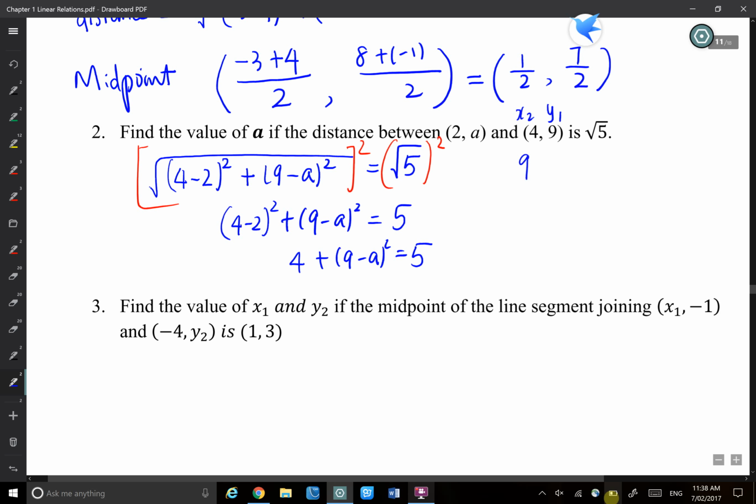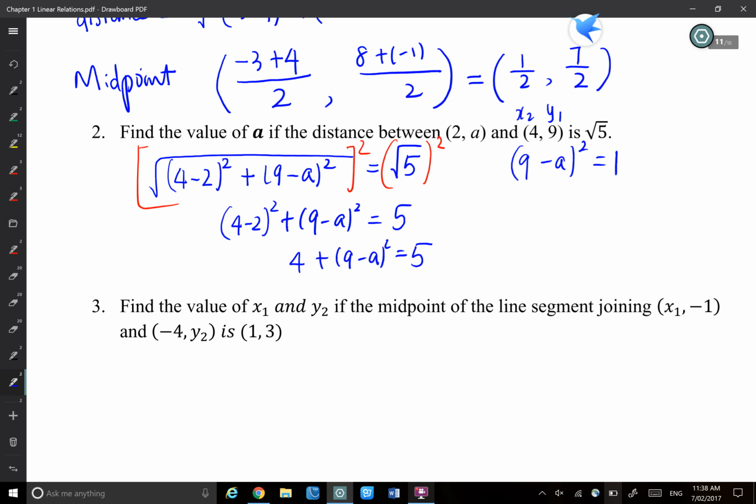So I have 9 minus A squared equals 1, subtracting 4 from both sides. Now my question is, what does 9 minus A equal?